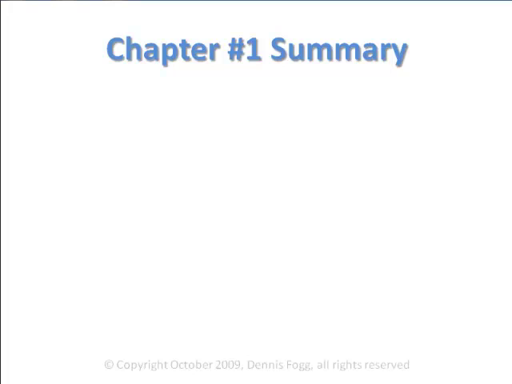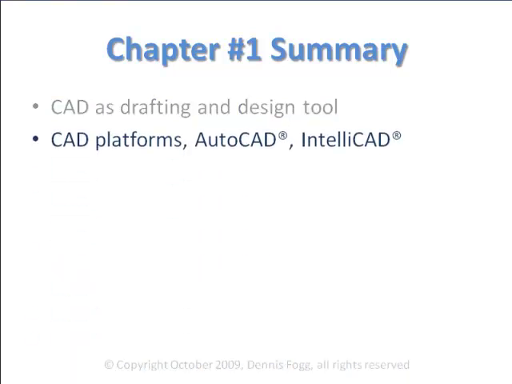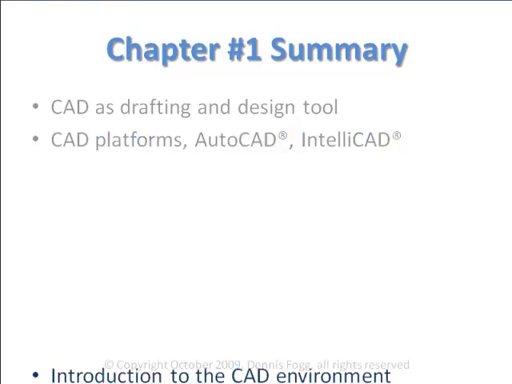It's hard to believe, but that brings us to the end of Chapter 1. Let's review. CAD was shown to be a replacement for hand drawing and how it can and has had a lasting impact on the way we do things. CAD has allowed the reuse of existing work, or what we called blocks, shortening both the drafting and design process. AutoCAD and IntelliCAD are two of the most popular CAD platforms used today, which both support custom add-ins like Carlson Survey.